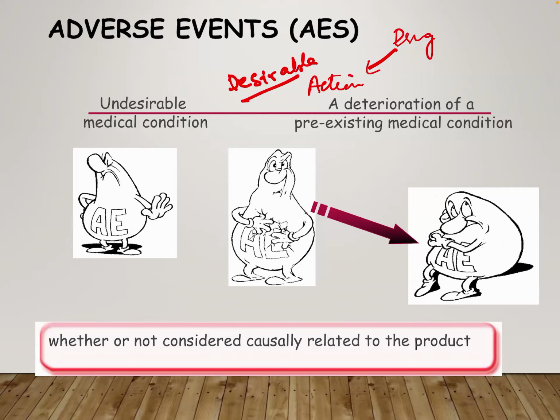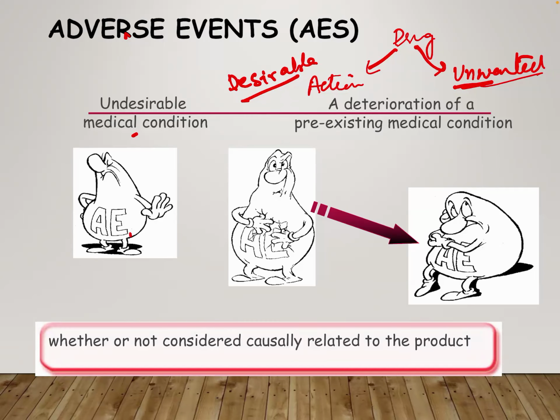But the problem is we are also getting unwanted reactions, right? So this unwanted is your adverse. That's the basic. So now undesirable medical condition is your AE. We were not expecting it, neither do we want it, but it is happening.